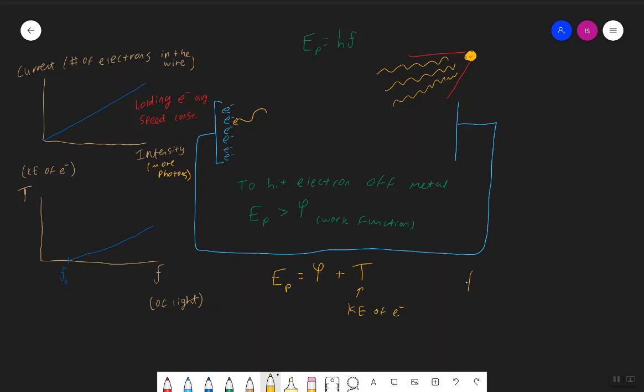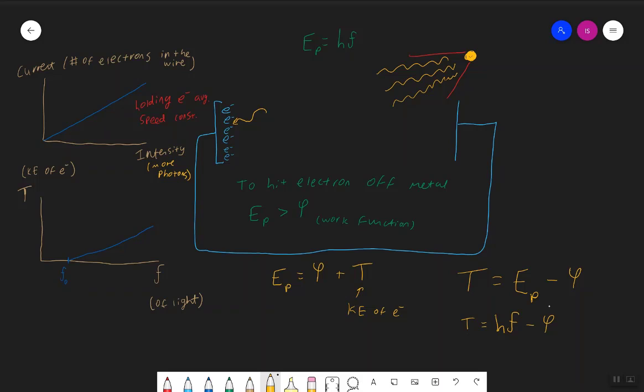So now we can rearrange this to get our graph. The kinetic energy of the electrons is going to be the energy of the photon minus the work function. And if we write this in terms of frequency, the energy of the photon is h times the frequency, so hf minus phi.